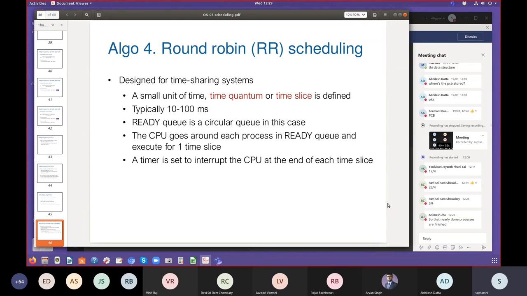Remember, the timer is attached to a hardware clock, so for the timer to decrease, there is no involvement of the CPU. The timer will decrease at its own pace, and after the time slice ends, it will raise an interrupt. Naturally, to service that interrupt, the kernel will start running, and then it will decide which process to schedule next.